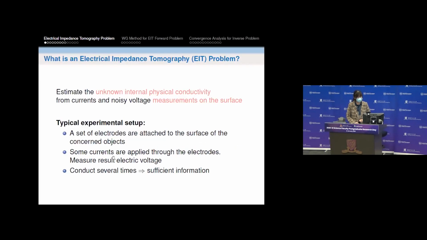First, we attach a set of electrodes around the surface of the concerned object. Then we apply some currents through these electrodes. Then we can measure the resulting electric voltage from these electrodes. We conduct this process several times until we have sufficient information to reconstruct the conductivity.